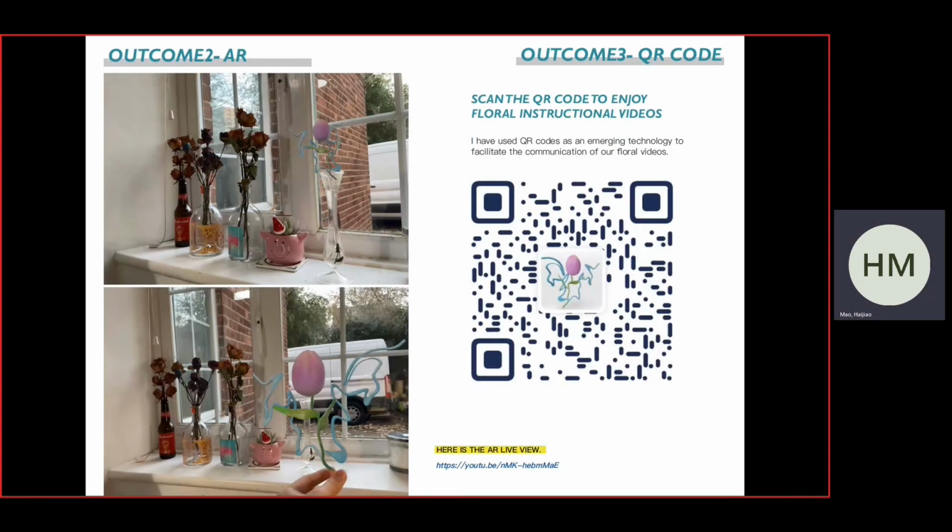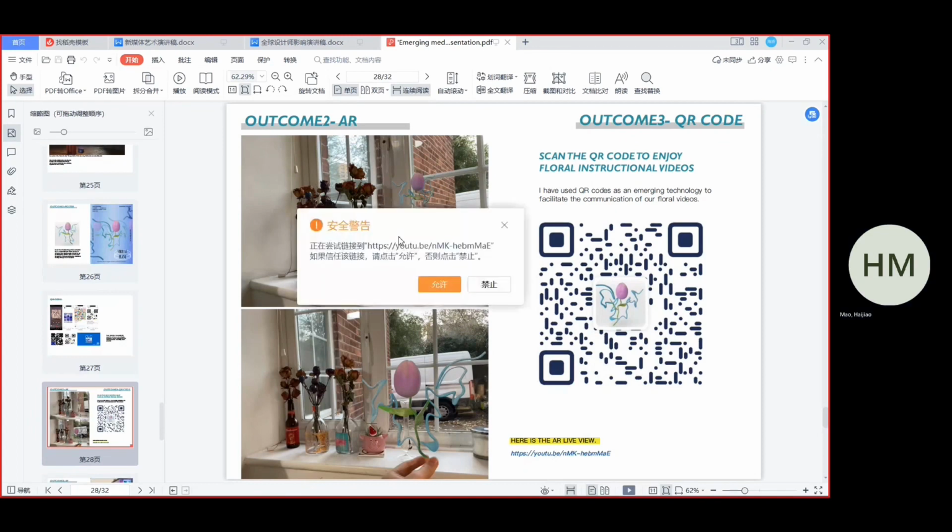It's also a very new technology and medium in our daily life. So I have used the QR code as an imaging technology to facilitate the communication of our floral views. And here is a link.